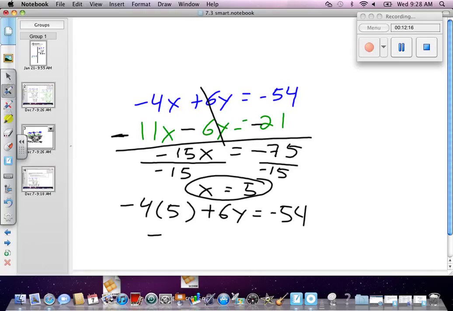Negative 4 times 5 gives me negative 20, plus 6y equals negative 54. I'm going to add 20 to both sides. Am I going too fast again? Okay, I added 20 to both sides to get rid of the 20.